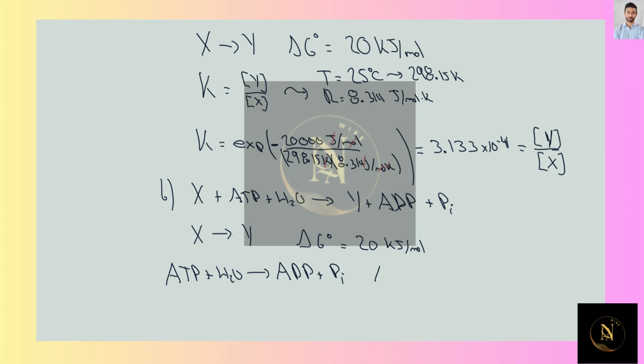For this reaction, the delta G naught is equal to minus 31 kilojoules per mole. This reaction is spontaneous, right? So if we sum both of these equations, we get that the total delta G naught for the reaction that we care about is minus 11 kilojoules per mole.